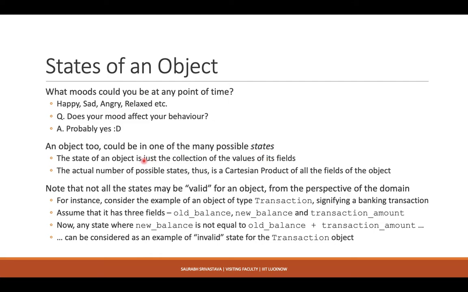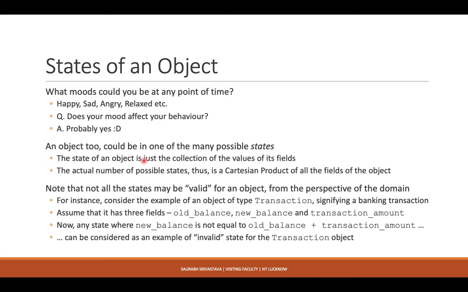So essentially, a state of an object is nothing more than just the collection of all the values that are there for all its fields, right? So the possible number of values that can be there will be the Cartesian product of the set of values of all the fields, right? So now you can understand it's a huge set, right?